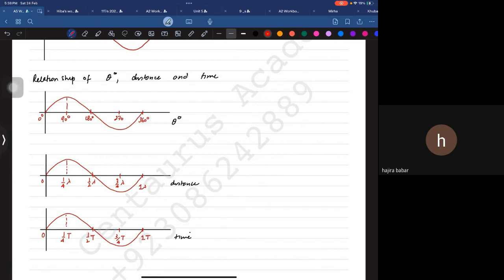Now, because everything that you see on the screen is happening at the same time, we can relate them with a symbol relationship. We can say 360 degrees is equivalent to a lambda and a time period. So this relationship you guys need to be aware of and always remember, because you will have to go back and forth between these three quantities when doing the questions.